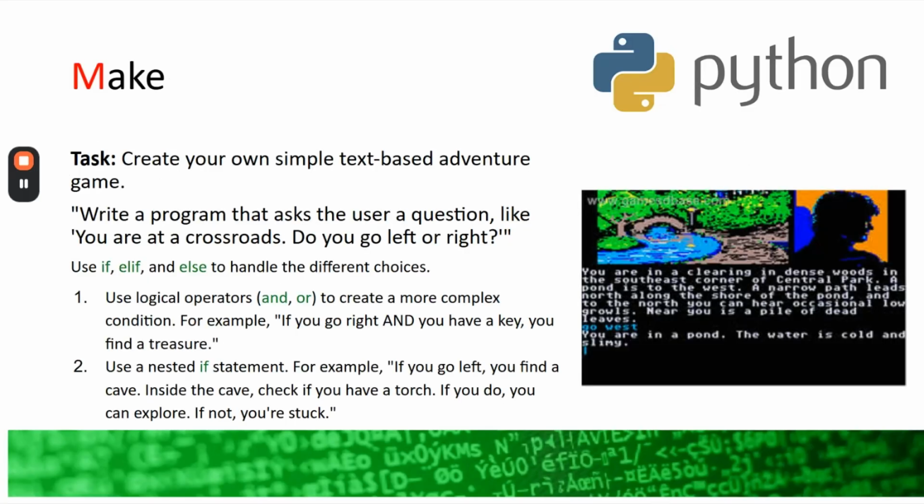Now, at this point I'm going to stop because I want you to spend the vast majority of the time in this session having a go at applying what we've just done. Some of you will have grown up knowing these kinds of storybooks. They were early games as well, where you create a story in text. All I want at the moment is print statements for the story. So print statements where you build up a story and then you ask, do you do this or do you do that?